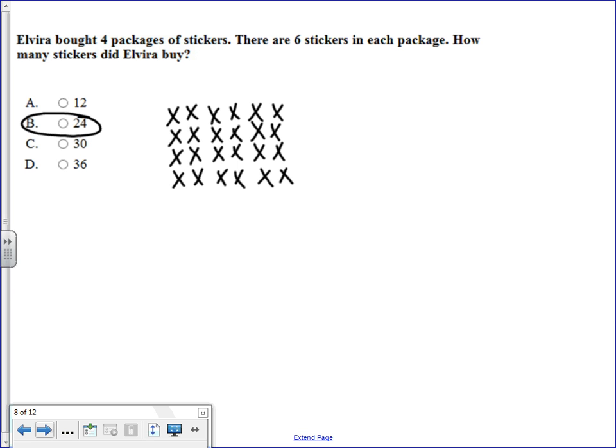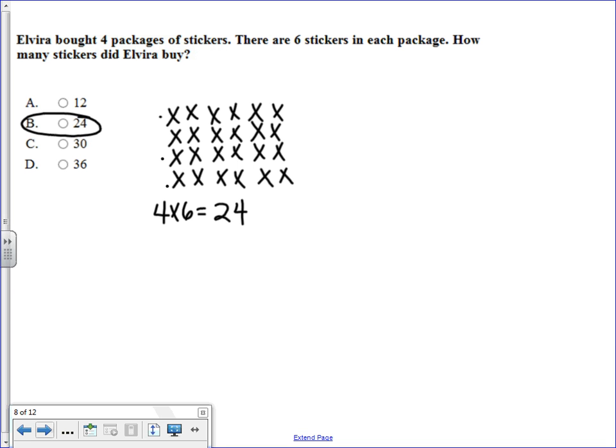This represents package, package, package, package, 4 packages with 6 stickers in each. Good. So you made a visual representation, and then did you count the x's in your array, JoJo, or did you write a multiplication sentence? Oh, good. So you solved it 2 ways. So you did 4 times 6 equals 24, and then you checked your work with an array. That's great.